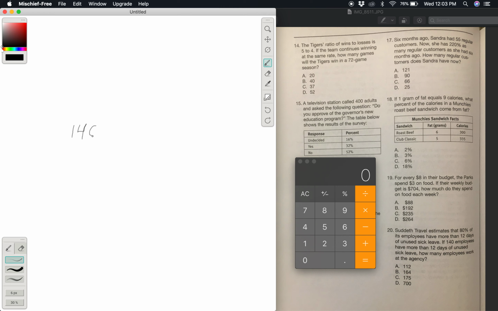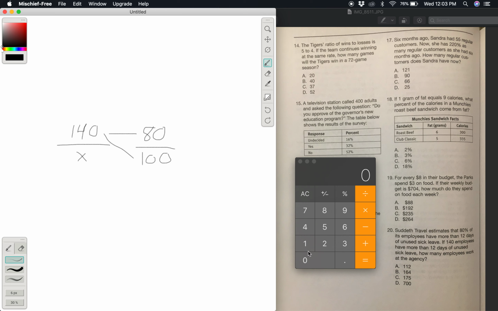That represents 80%, and we know that this is always 100. So our missing variable is this one here. So we will multiply towards the side with the missing variable, then divide this way.